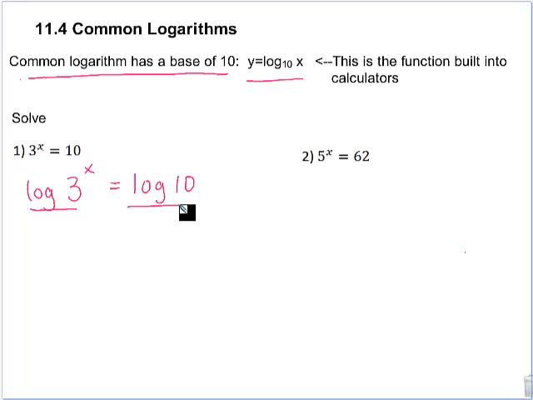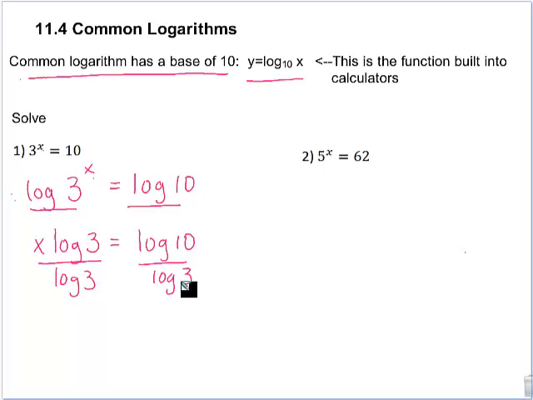So now the x in the exponent can drop down in front. That's the same thing as x times the log of 3 is equal to the log of 10. And then to get the x alone, we can divide by the log of 3.